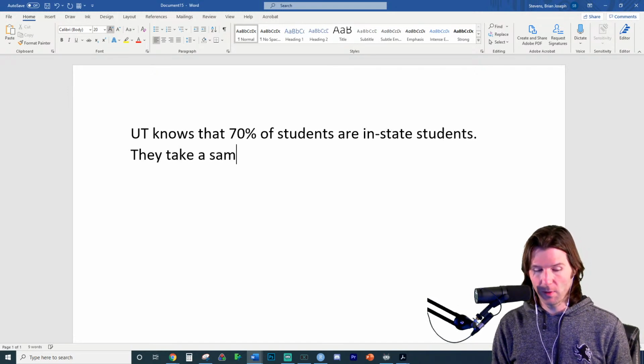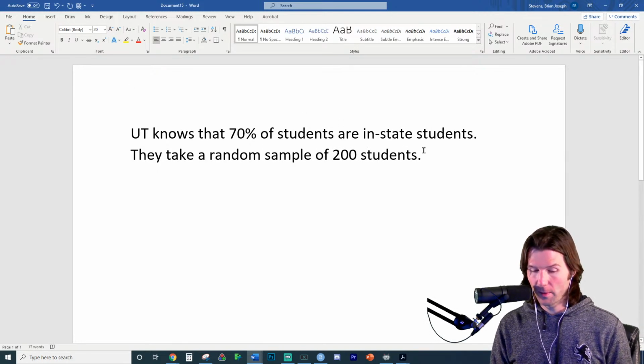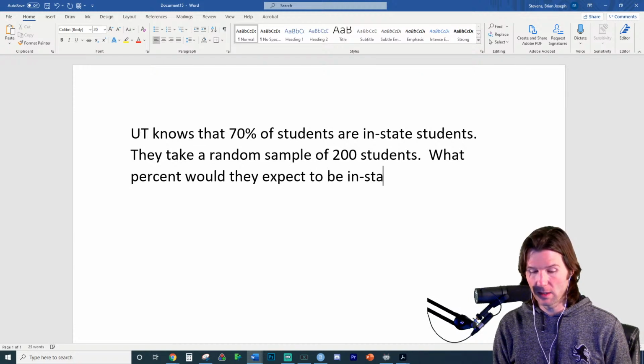They take a random sample of 200 students. How many would they, or what percent? Start here. What percent would they expect to be in state?